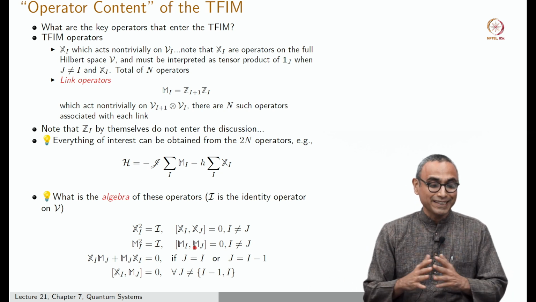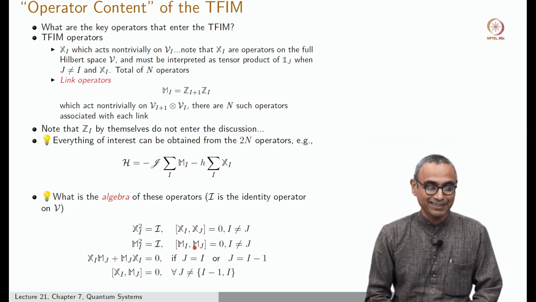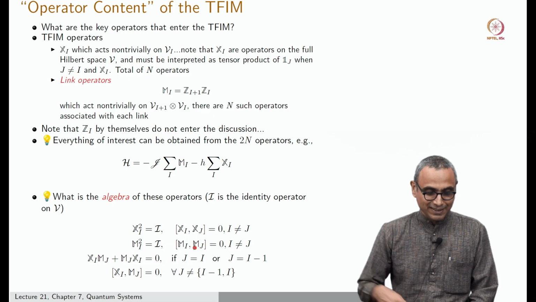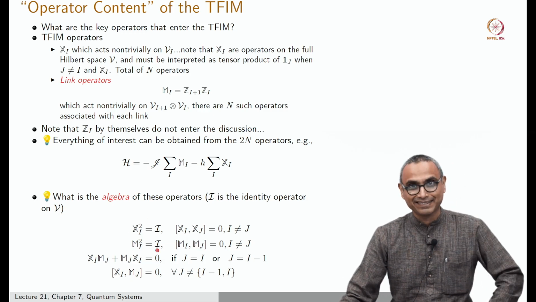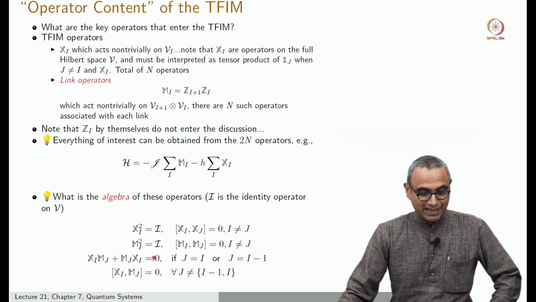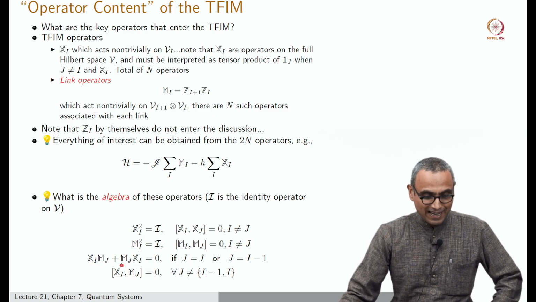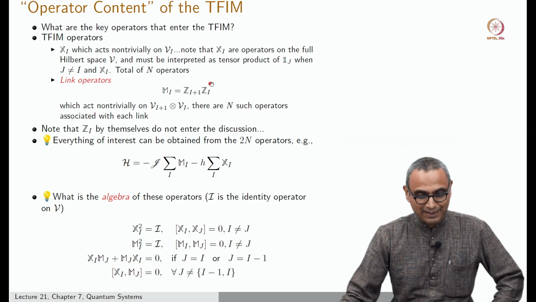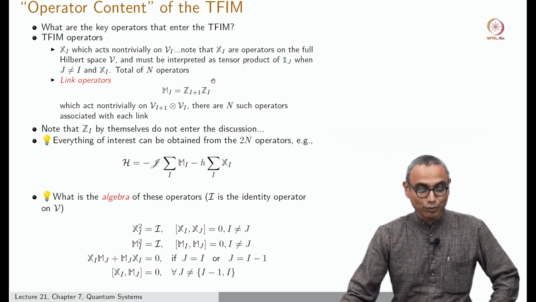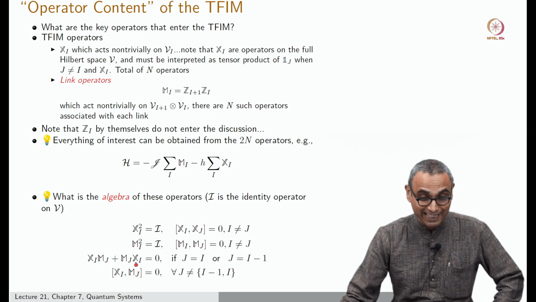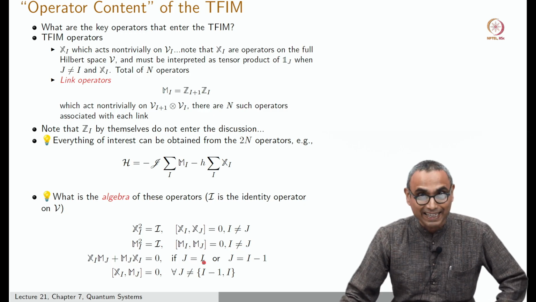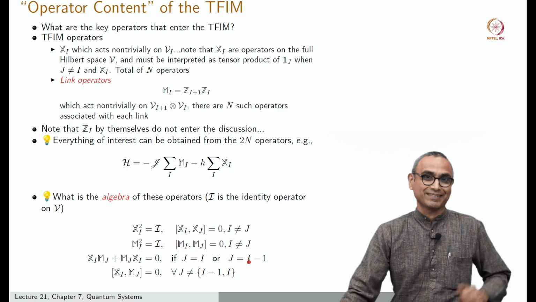Now comes the first non-trivial result. What is the relationship between x_i and m_i? Noting that m_i is actually a product of z operators, you will be able to see that x_i will anti-commute with m_j if j is i or j is i minus 1.